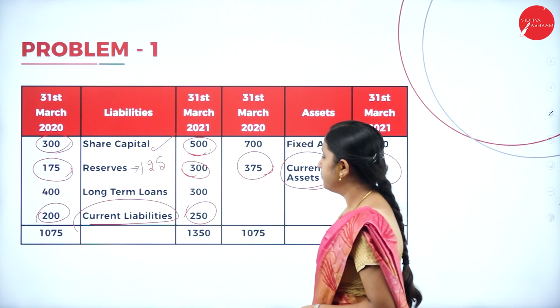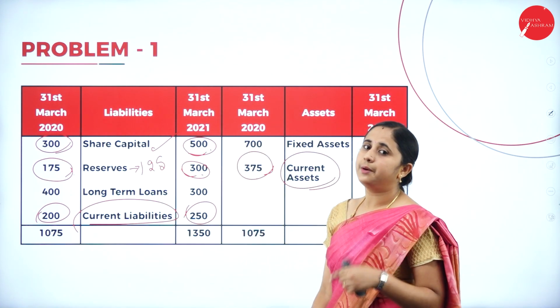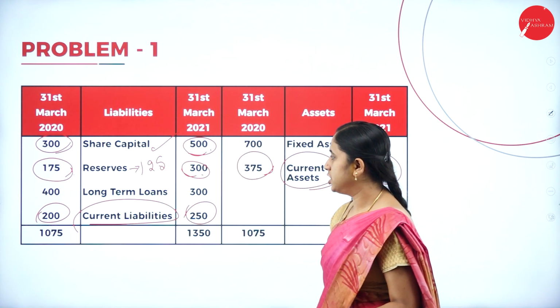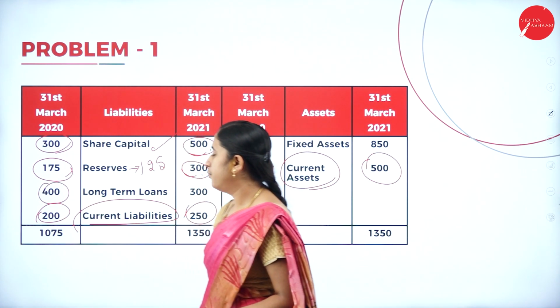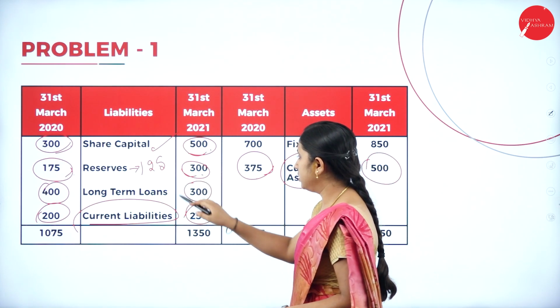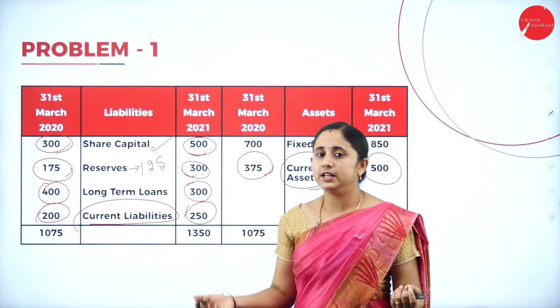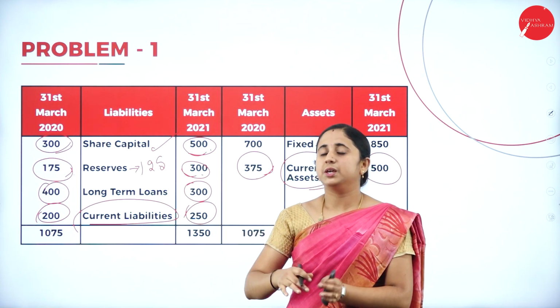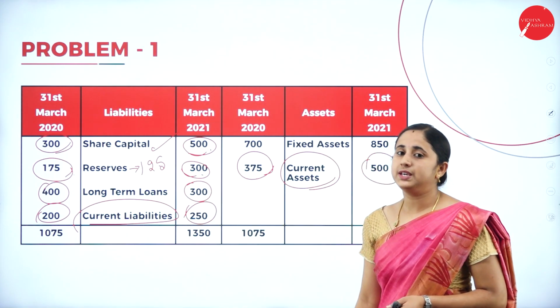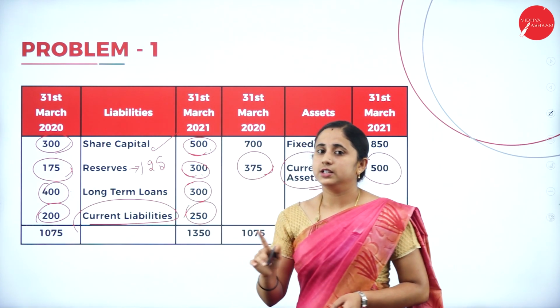Next, long-term loan. A long-term loan is a liability the company has to pay in future. Previous year long-term loan is 400, current year loan is 300. That means the loan came down; they paid back 100 rupees. 400 minus 300 is 100.